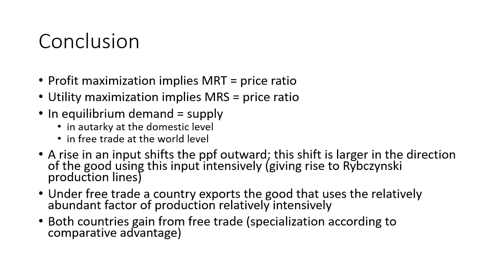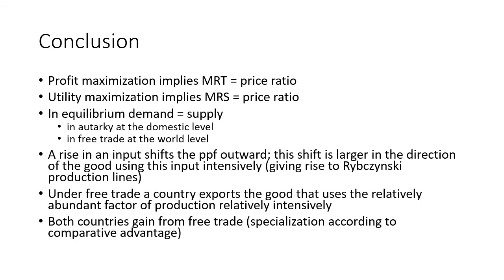Under autarky, the amount produced is exactly the amount consumed. But under free trade, it's on a world level that demand equals supply, because within specific countries there's an excess demand for certain products and an excess production of certain products. So that is important to remember.